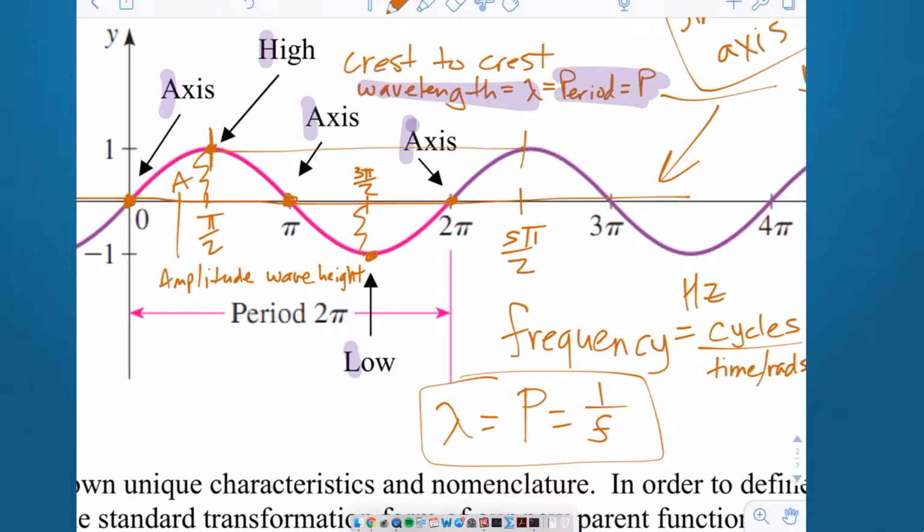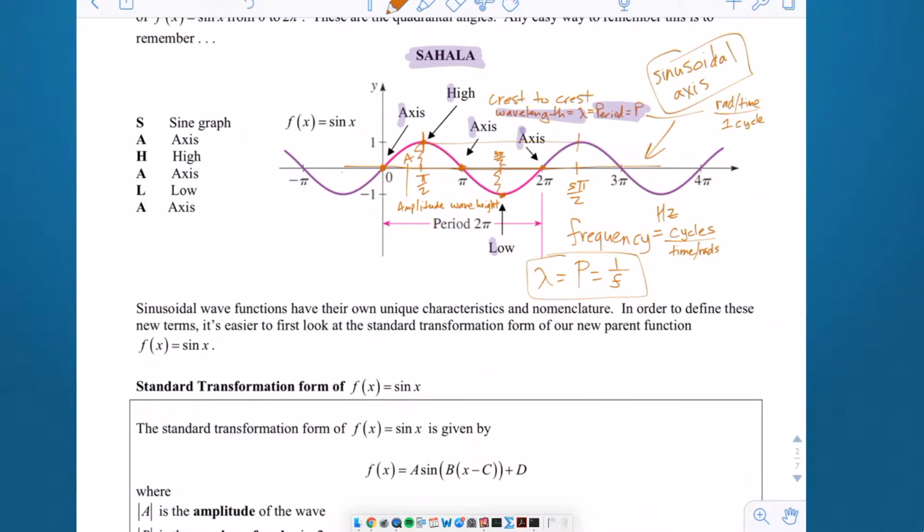You're horizontally stretching or compressing, okay? And when you change the frequency or the period of a sound wave, that's what changes the pitch. When you change the frequency of the note, you change the note itself. So the frequency affects the pitch, and the amplitude affects the loudness of it, okay?